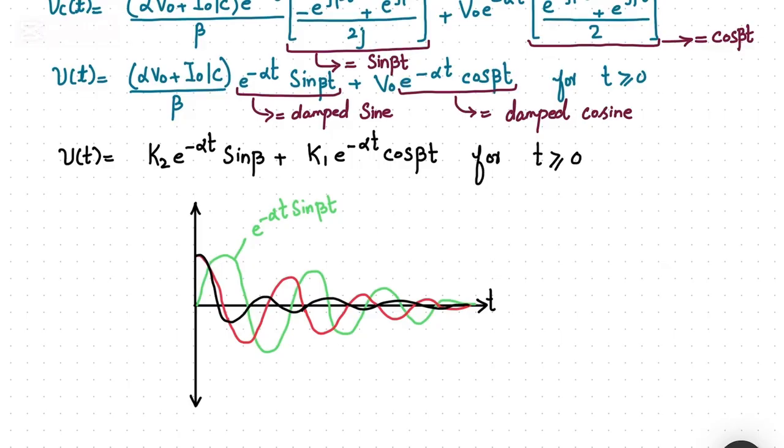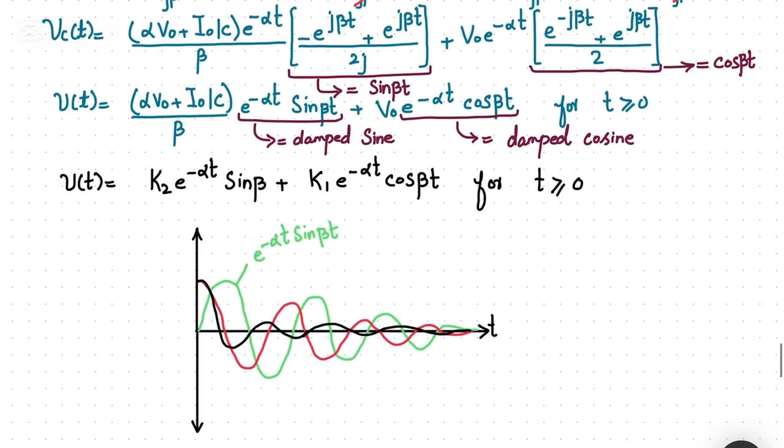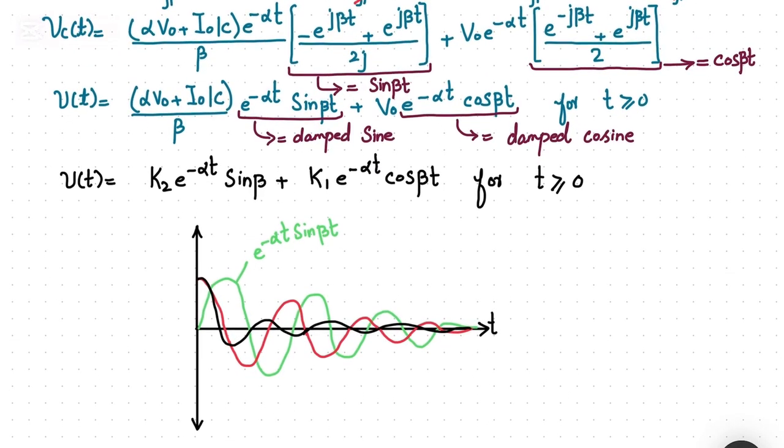This is a simpler and easier equation to remember, because we need to remember that the response of a series RLC circuit, when the roots of the characteristic equation are complex roots, is a sum of a damped sine wave and a damped cosine wave. So we can write it as K1 e^(-αt) cos of βt plus K2 e^(-αt) sine of βt.